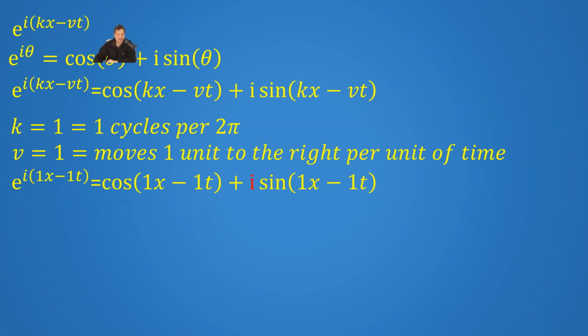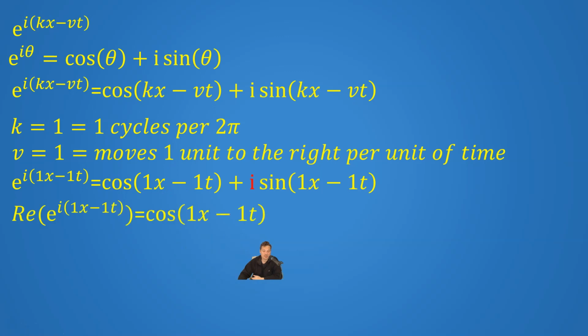So here, what I'm going to do is this. Because cosine 1x minus 1t plus i sine 1x minus 1t is basically a complex number, the cosine 1x minus 1t represents the real part, and the sine 1x minus 1t represents the imaginary part, because it's the part multiplying the i. Now in mathematics, we can indicate that by writing something like this. I'm writing here Re and then a quantity.